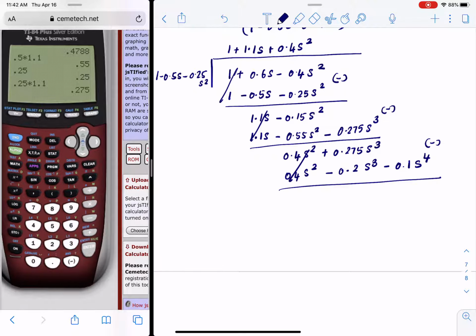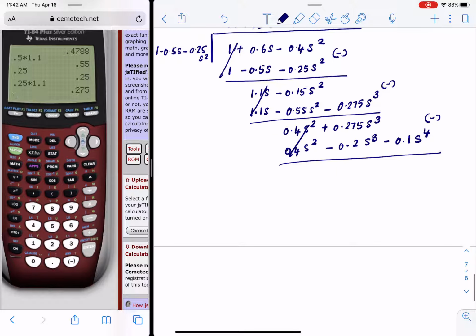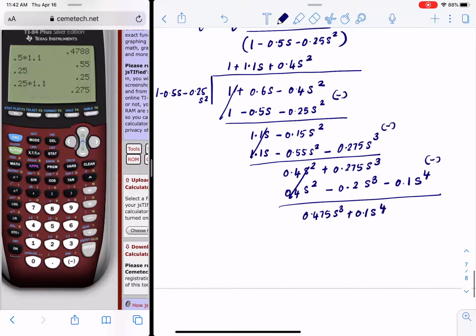Subtract. Those two would go away, and we would have 0.475s cubed plus 0.1s raised 4.